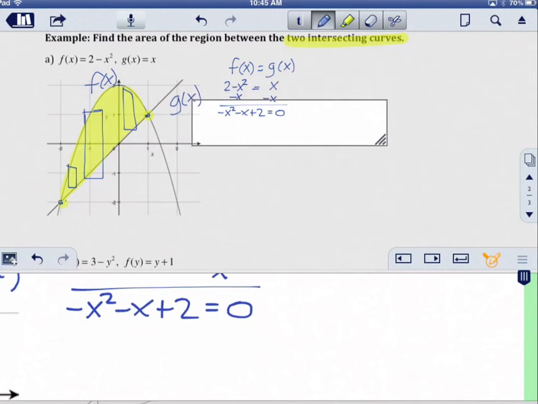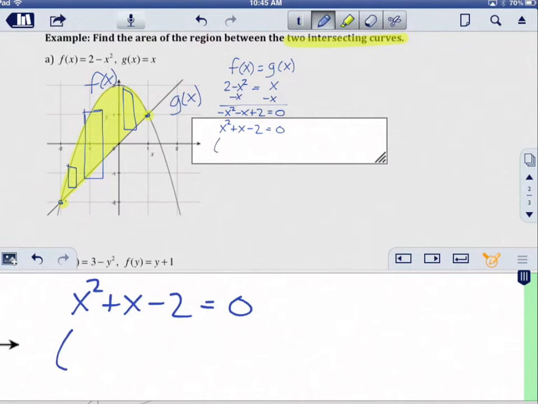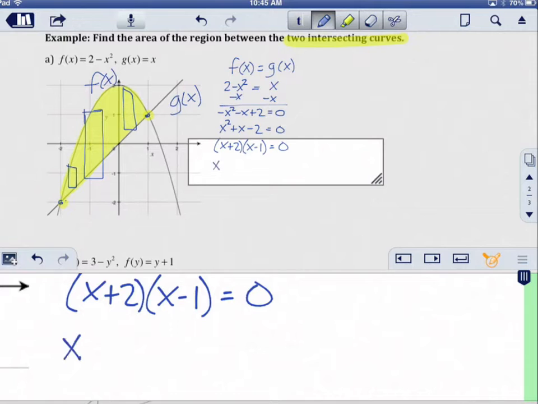And it's probably easiest if x squared is positive, so I'll change all of the signs. And then I can solve this by factoring. So we get x plus 2 times x minus 1. And so I have two solutions for x. x equals negative 2 and x equals positive 1.